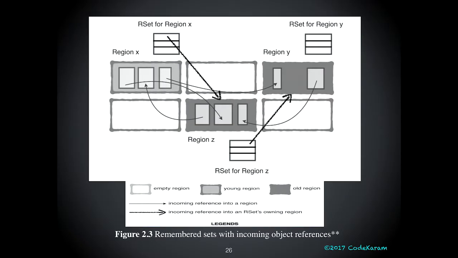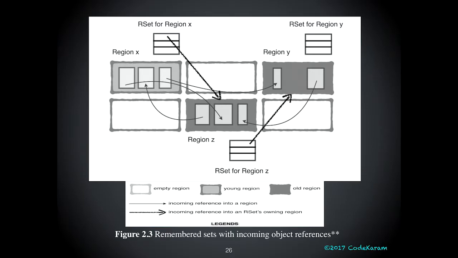This is a picture I just wanted to quickly show. Maybe I won't cover it, but this is from the book Java Performance Companion. What you see here are some young regions and old regions. What I'm showing here is that we don't keep track of incoming references from the young region.